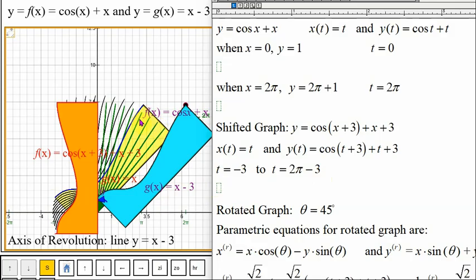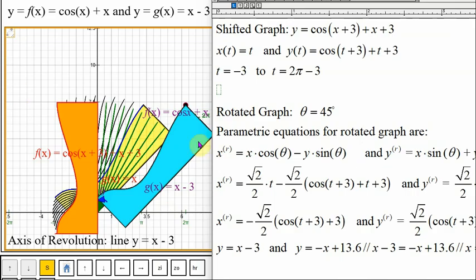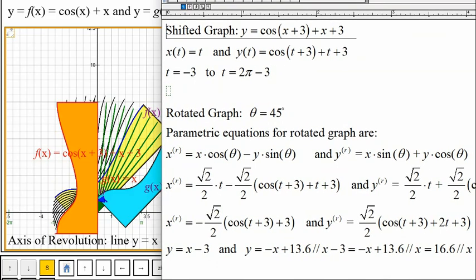And then next we rotated this graph 45 degrees to get this graph. So from this graph to this graph, we would use these rotation formulas.